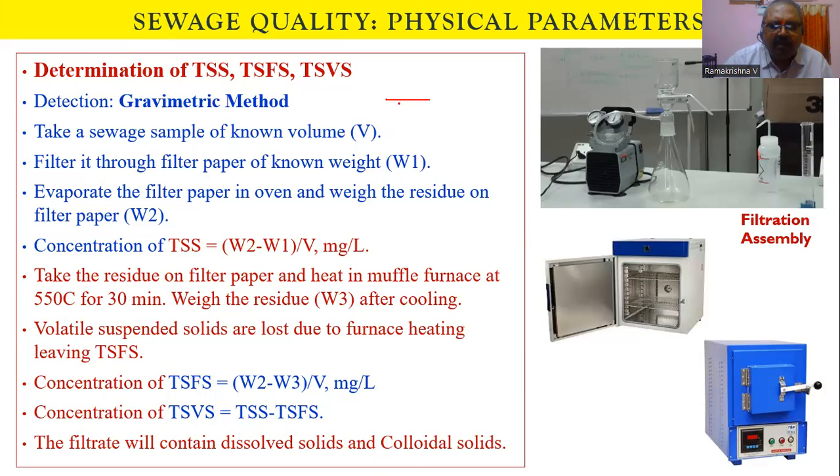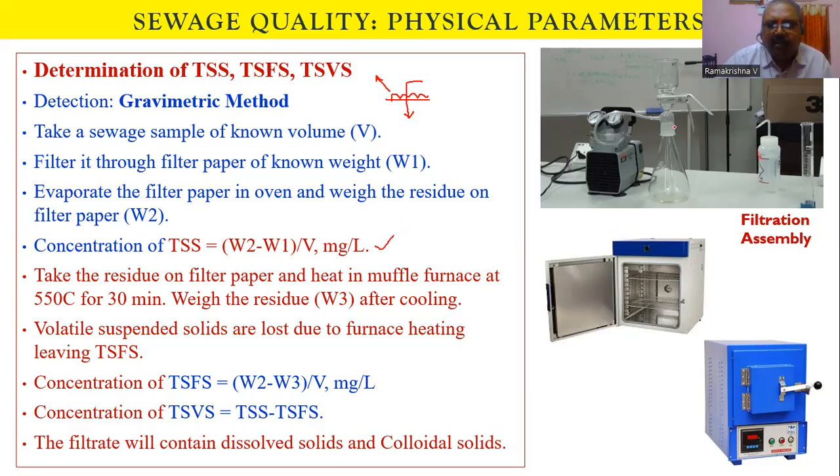Then some solids are there. So then the filter paper is heated in the oven and we weigh the residue on the filter paper. Whatever water is there will get evaporated, and then the weight of residue divided by the volume of the sample is taken here as the concentration of total suspended solids.